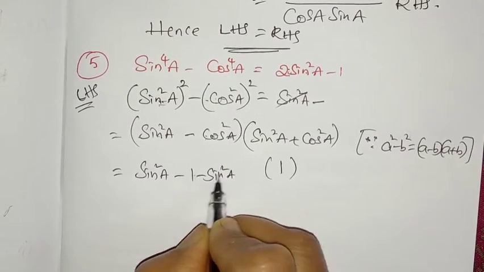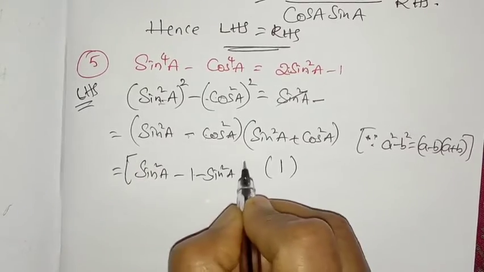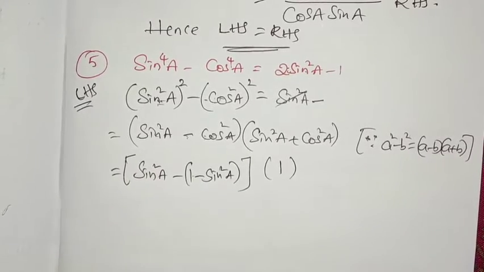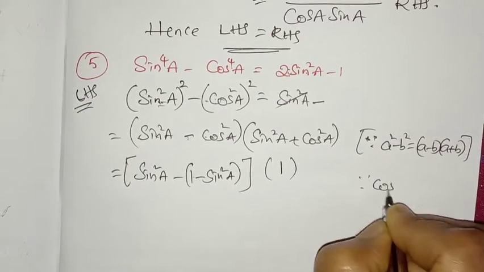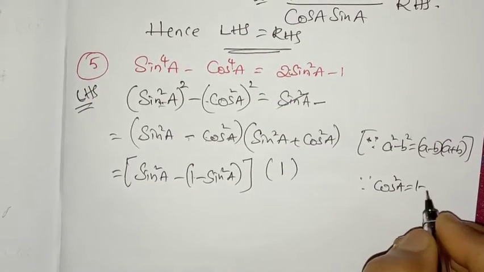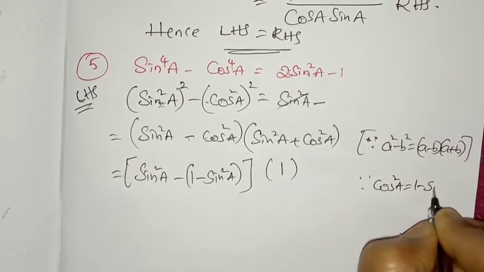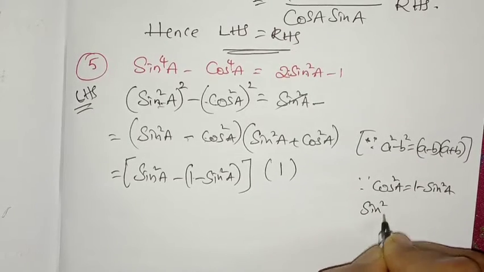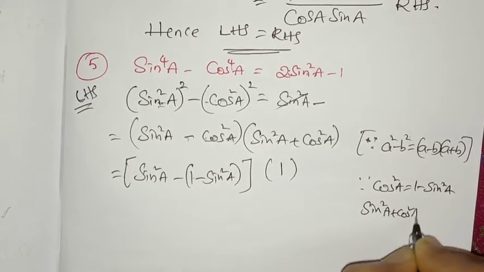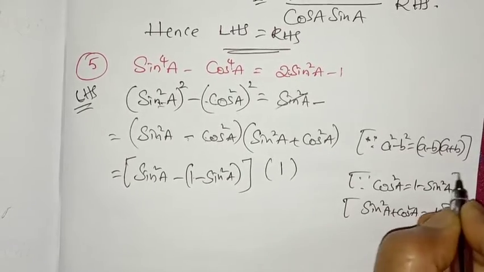Children, we cannot write it directly because it is already negative, so I am keeping this in a closed bracket and this in an open bracket. Since cos^2 a = 1 - sin^2 a. From where did you get this formula? sin^2 a + cos^2 a = 1, from this we got this formula.